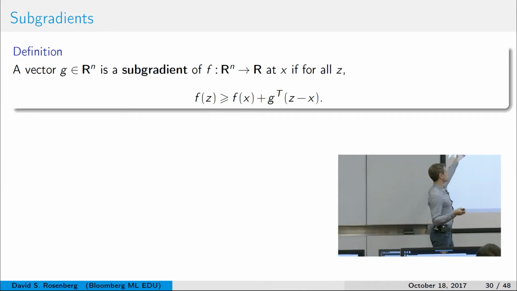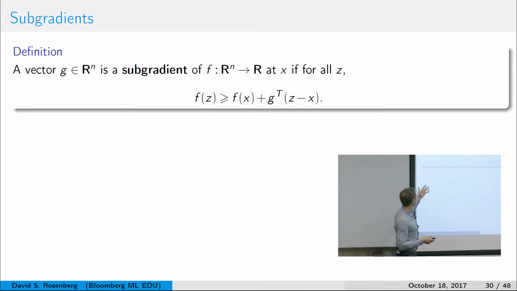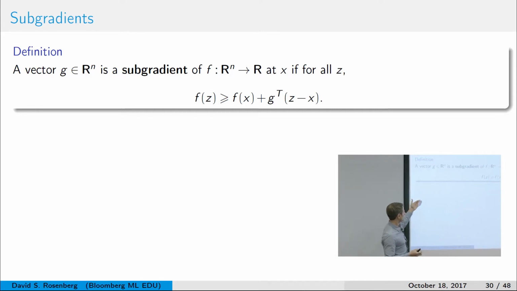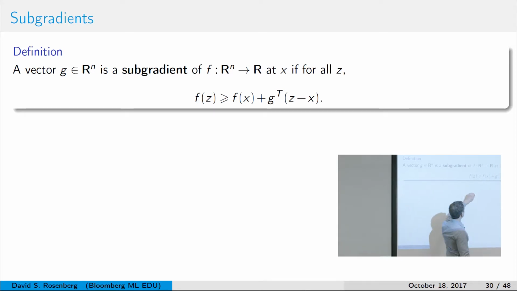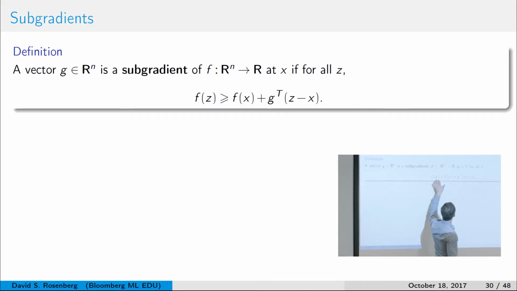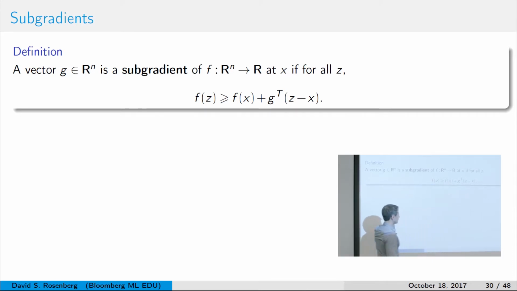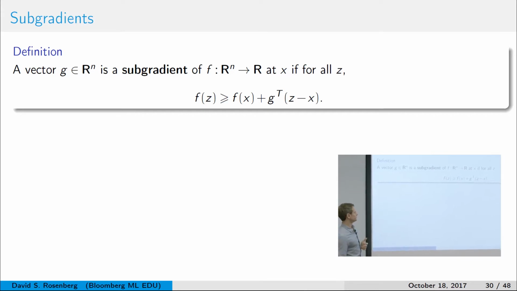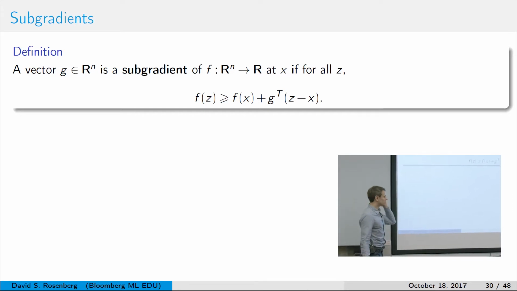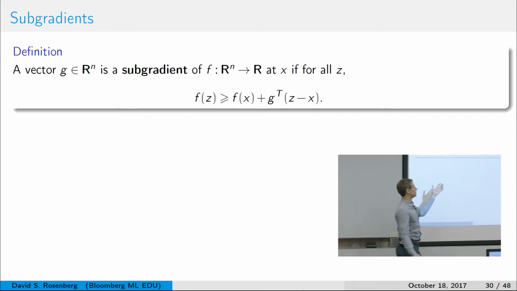Sorry, I switched from input domain to Rn, from Rd to Rm, but same thing. So for a vector g in the input space, if we can form a global underestimator of f using this linear expression in terms of g, then g is called a subgradient. If the thing is differentiable, this is definitely true if we plug in the gradient of f here.